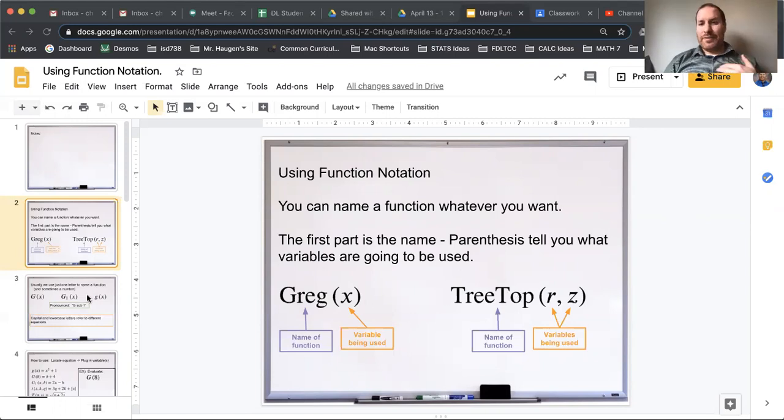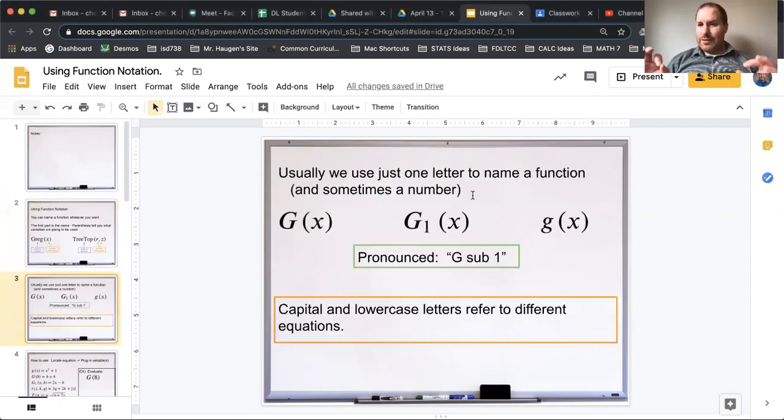Now, very often, so that we don't get big, long names of things, usually single letters are used to represent a function. So in here, I've got G, but maybe you want multiple things that start with the letter G. So in order to separate those, we use numbers as well.